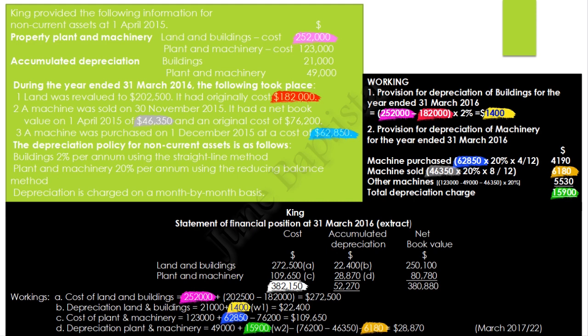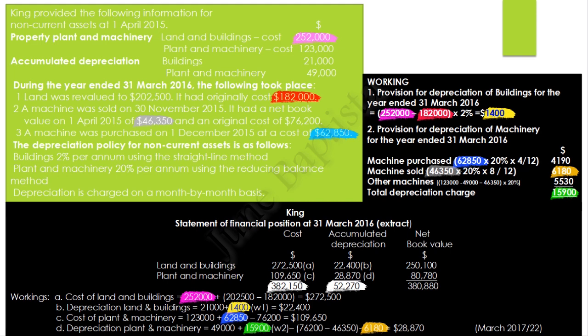to give us $28,870. Adding the two, that is accumulated depreciation for land and buildings, $22,400 as per working B, and accumulated depreciation for plant and machinery, $28,870 as per working D, we get a total of $52,270 accumulated depreciation. Let us look at the net book value.